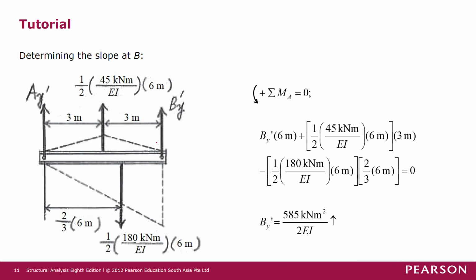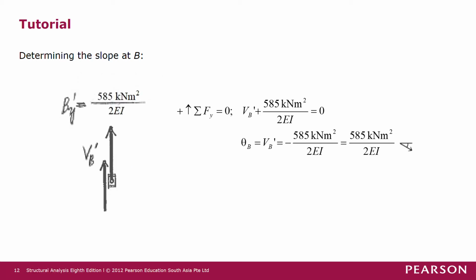So next we cut across a section here to see what is the shear force at joint B. So the free body diagram will look like this, where By prime has already been solved just now, and then the shear force on the left hand side is upward, as the positive shear force for BB prime.